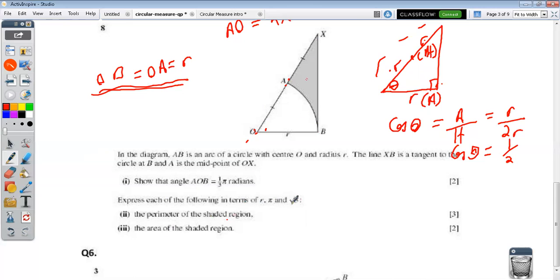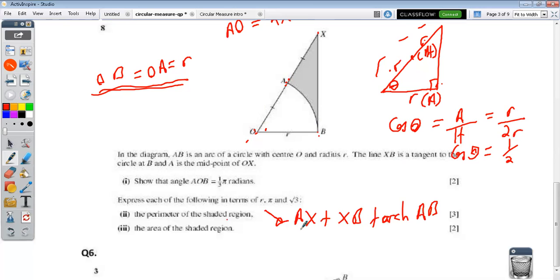Perimeter of the shaded region is equal to AX, plus XB, perimeter, distance traveled, plus arc AB.